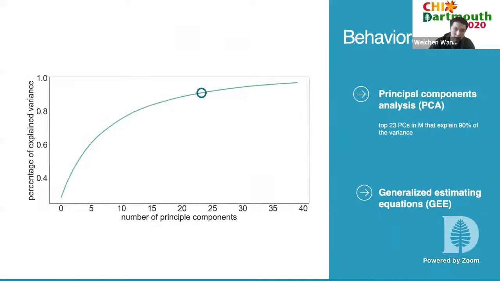In order to understand how the passive sensing data is associated with the SFS, we use principal component analysis, PCA, and GEE to explore the associations between the principal components of behavior features and SFS subscale scores. As shown in the figure, we select the top 23 PCs that explain 90% of the variance in our analysis.